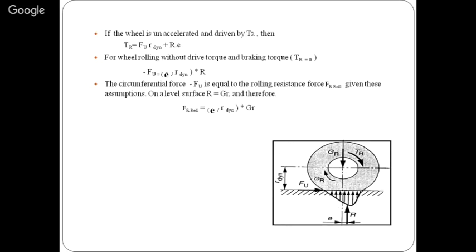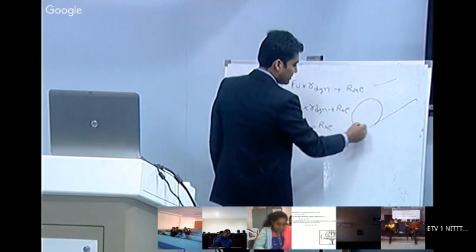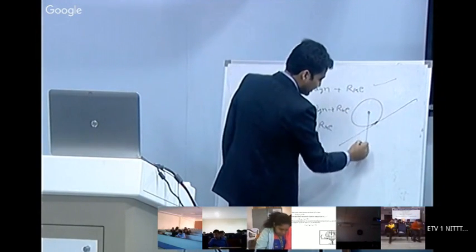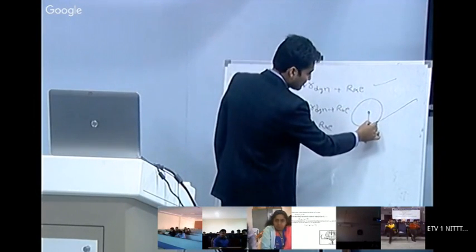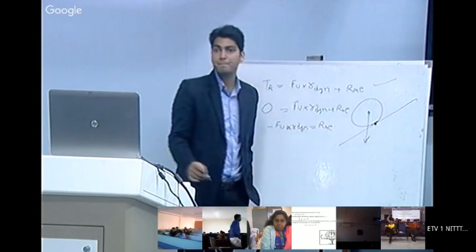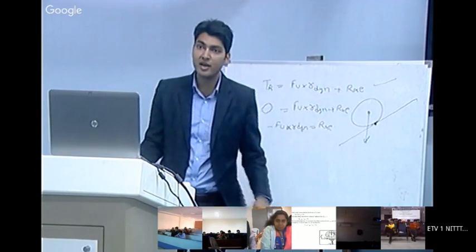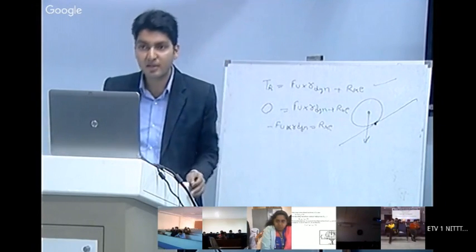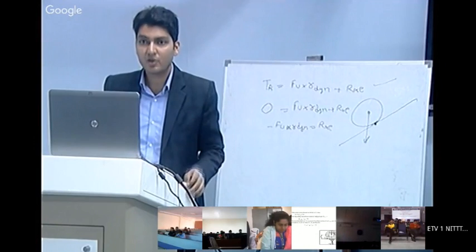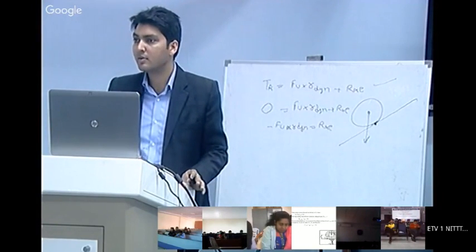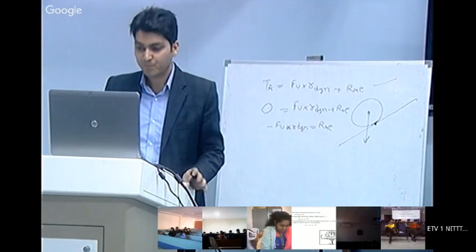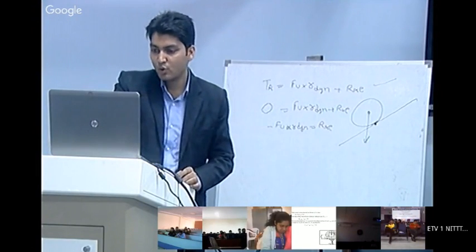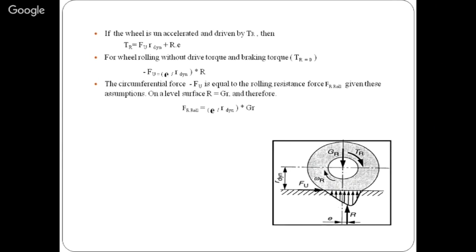If my vehicle is on an inclination, then its gravity is shifted from its center, and in that condition we have to work with another set of equations. But in this requirement, we are considering that the vehicle is on a plane road. So in this case, minus Fu becomes the R roll.